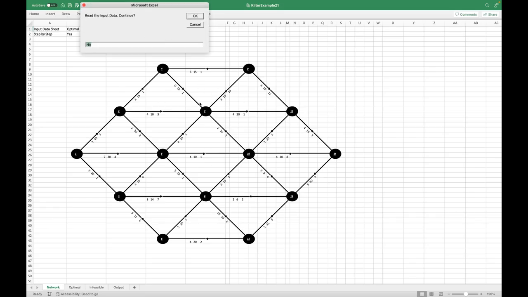So now it has read the data from this sheet, which I called optimal, and the first step is to initialize the algorithm. To initialize the algorithm, we need a starting circulation, not necessarily a feasible circulation, but any circulation. And the easiest circulation to start with is 0.